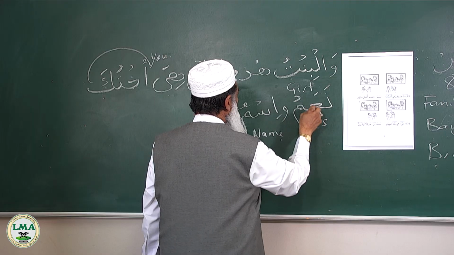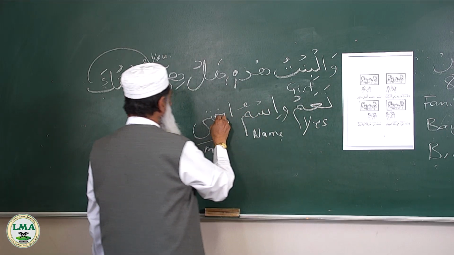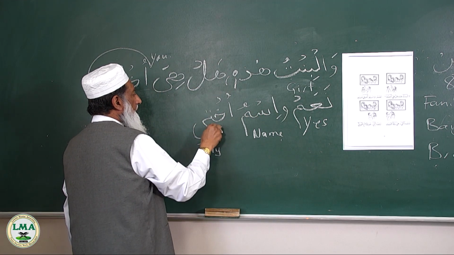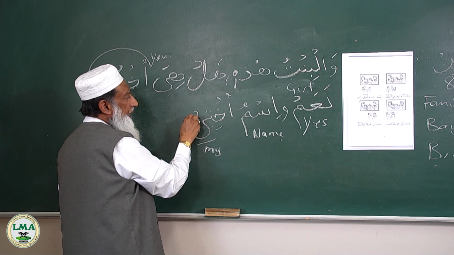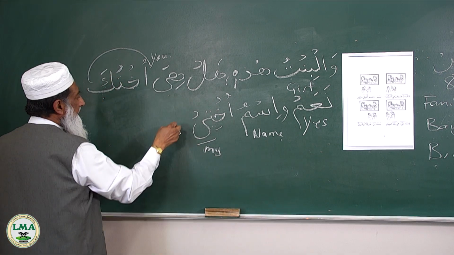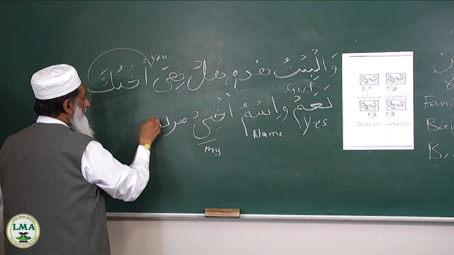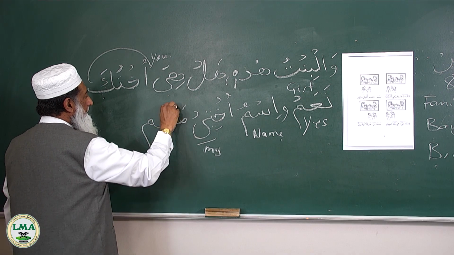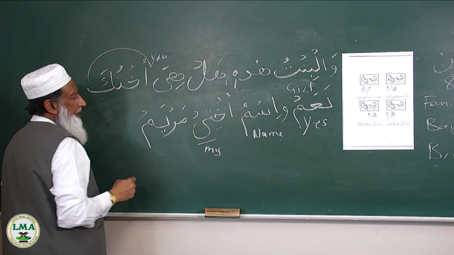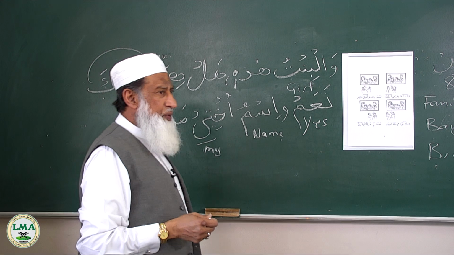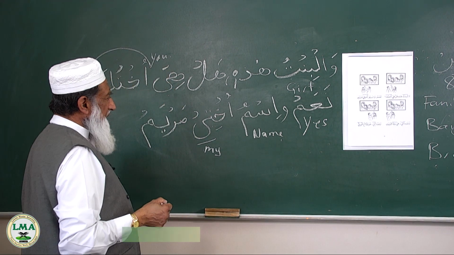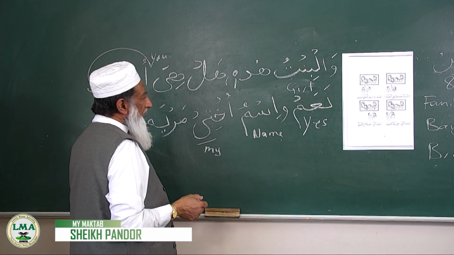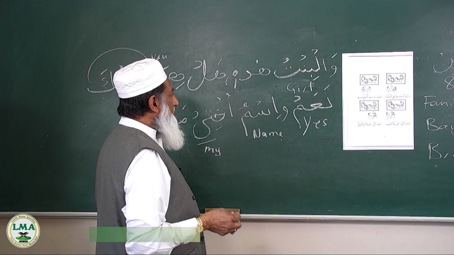And na'am was yes. Na'am, wa ismu ukhti. I'm sure you can translate that for me. And her name is Maryam. The famous Maryam is Maryam alayhi salatu wasalam, the mother of Sayyidina Isa ala nabiyyina wa alayhi salatu wasalam, a beautiful name to keep for our daughters.